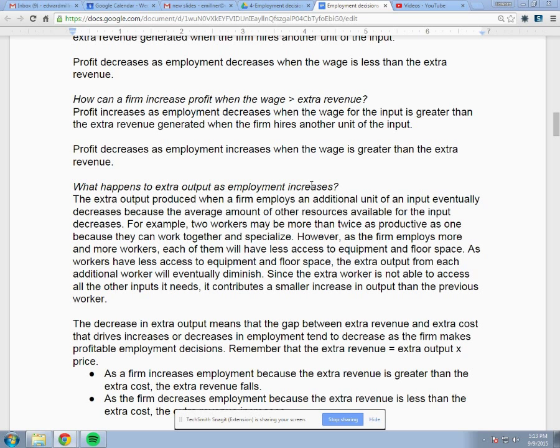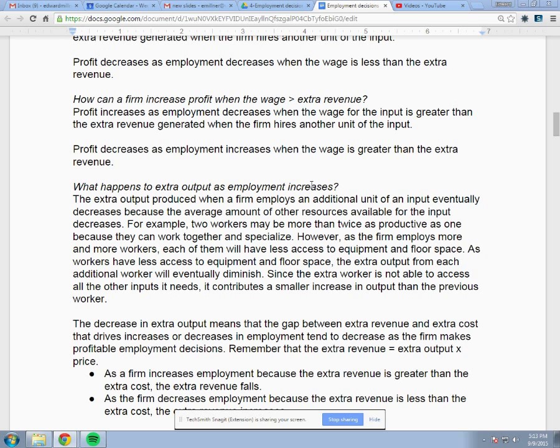However, as the firm employs more and more workers, each of them will have less access to equipment and floor space. As workers have less access to equipment and floor space, the extra output from each additional worker will eventually diminish. Since the extra worker is not able to access all of the other inputs it needs, it contributes a smaller increase in output than the previous worker.